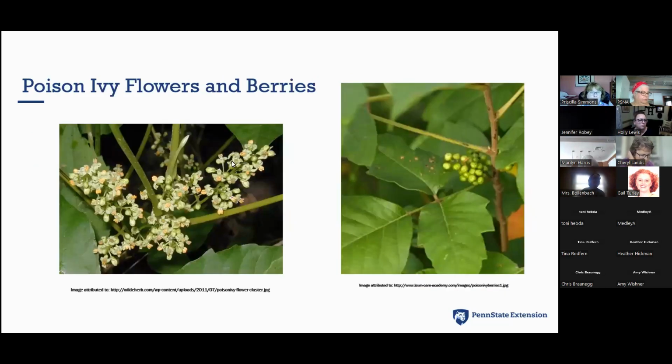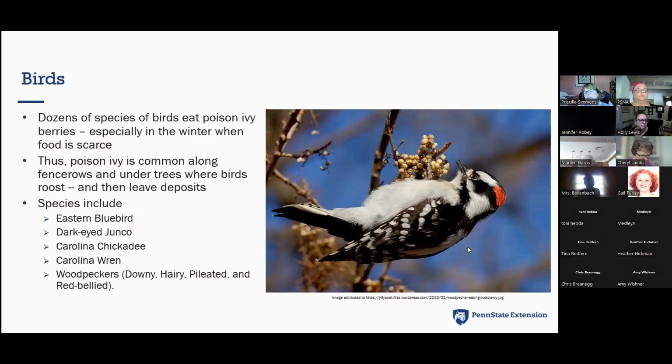Here is a photo of some of the flowers and then a photo of some of the berries. As I said, I have never seen these flowers and berries. I'm sure I will someday. And here's a lovely picture of a downy woodpecker eating these berries in the winter.